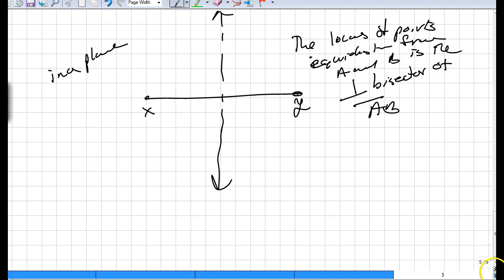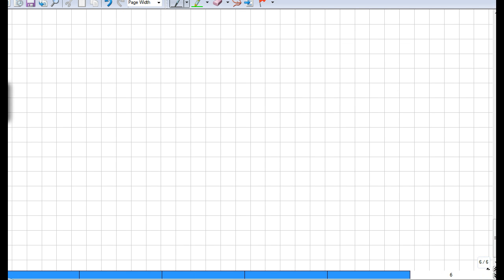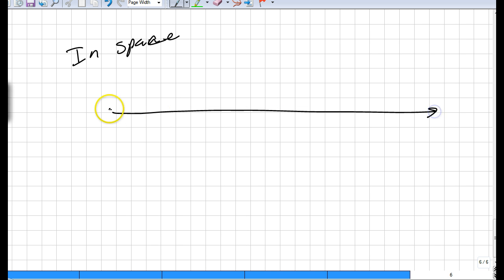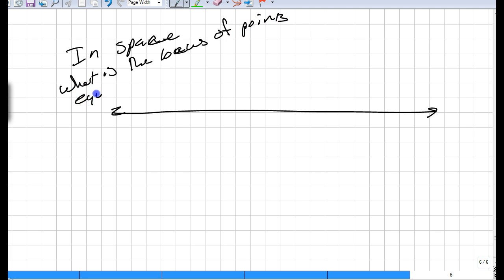Let's do one more example. In space, I have a line. In space, what is the locus of points equidistant from line L?